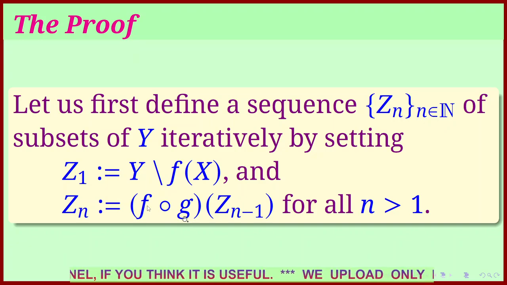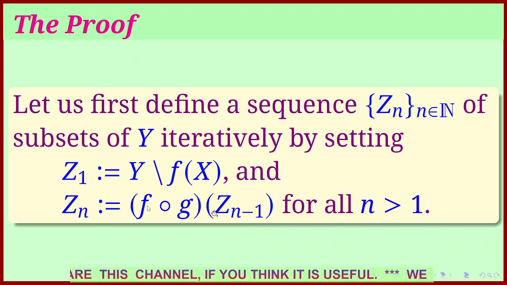So it is actually a mapping from Y to itself. g goes from Y to X and then f goes from X to Y. So apply this composite on Z(n minus 1) for all n greater than 1, so that means n is at least 2.